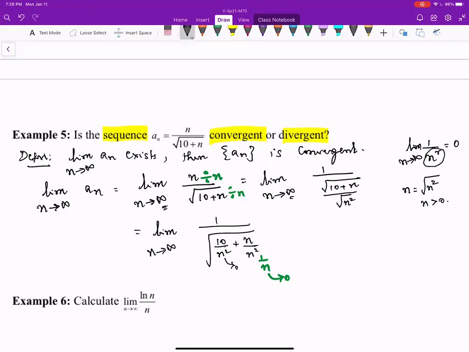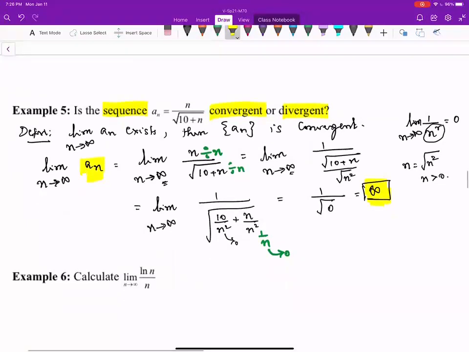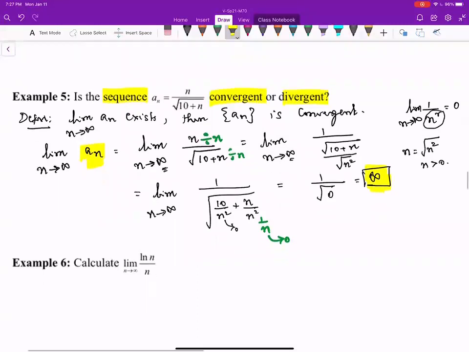So this equals 1 divided by square root of 0. Both terms are 0, so it's 1 over 0, which is infinity. Because the limit of the nth term is infinity, we can say the sequence with the nth term n over square root of 10 plus n is divergent.